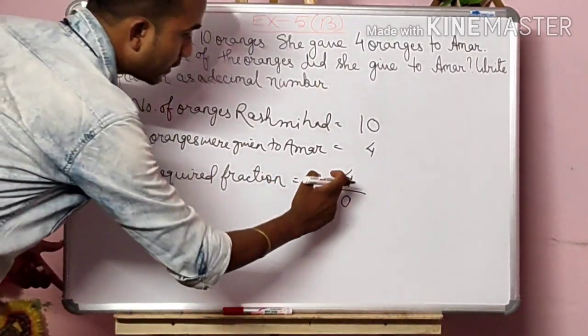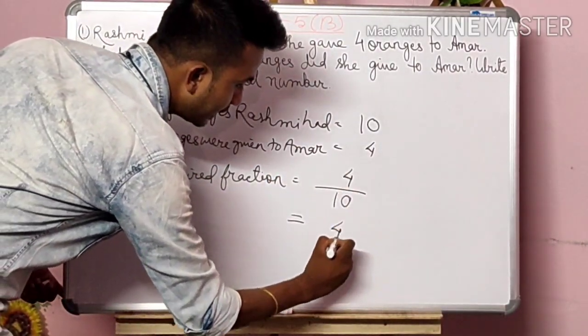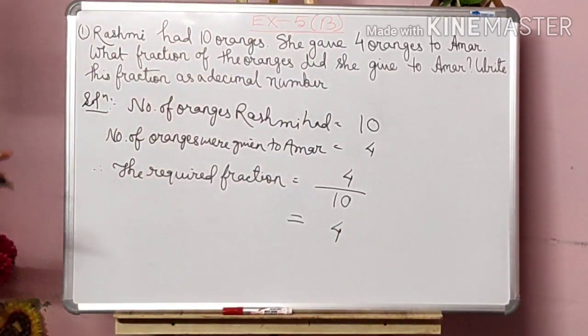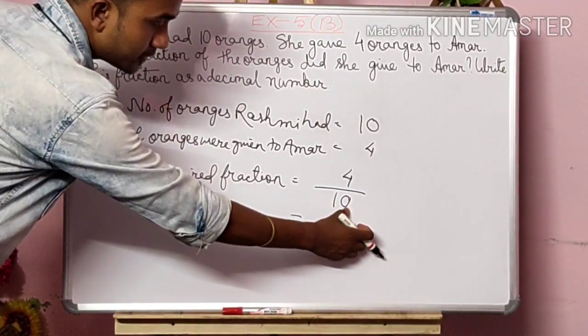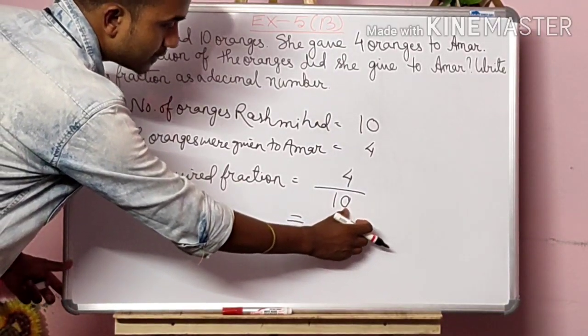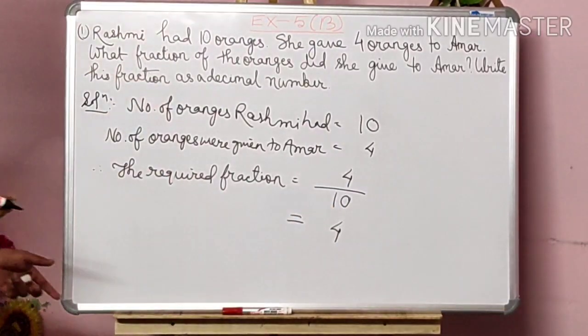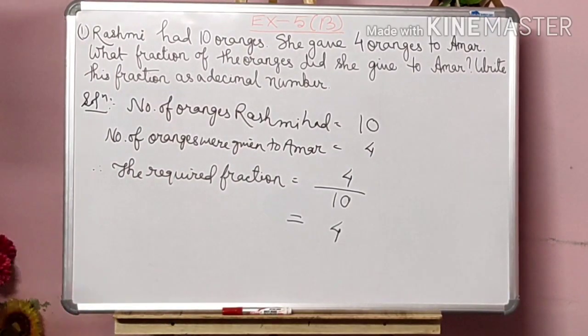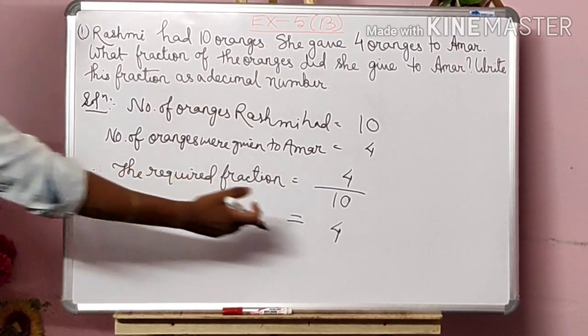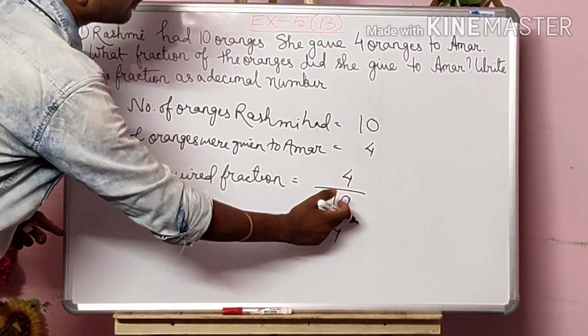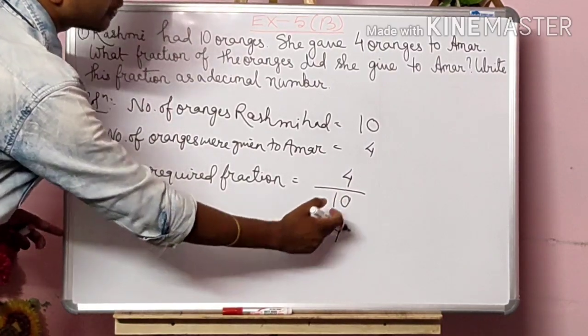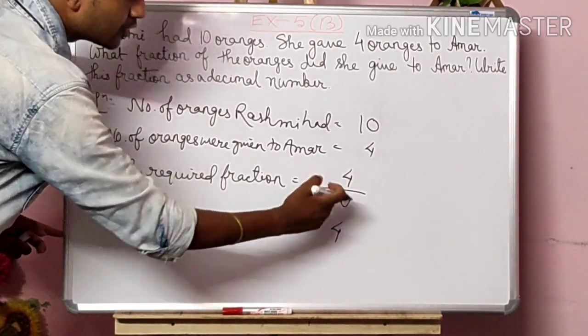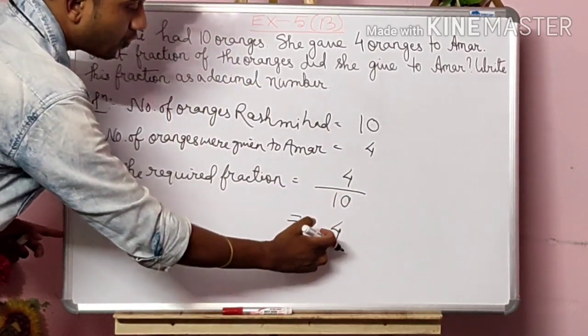We write the upper part, that means the numerator, directly, and after that we see how many zeros are present in the denominator. There is only 1 zero present. So the decimal will be placed before one number, because only 1 zero is present.